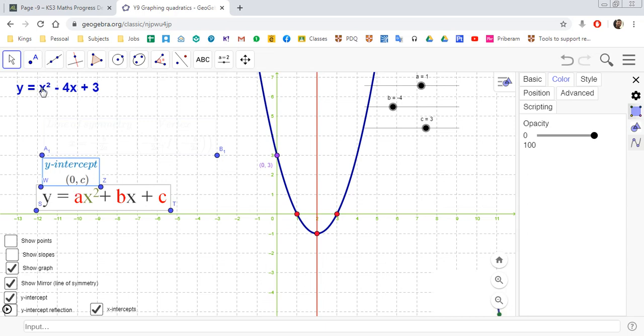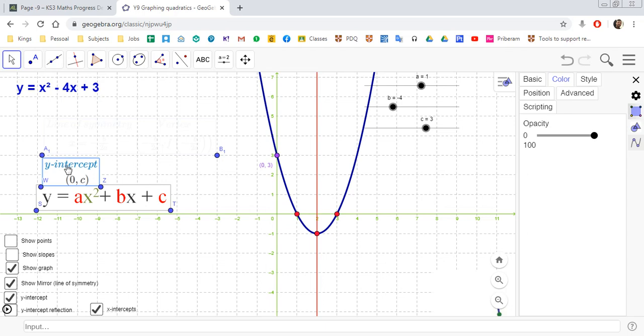So a is equal to 1 here. b is the number multiplying x, and here b is minus 4. So b is equal to minus 4. Okay, and what about c? Well, c is plus 3.